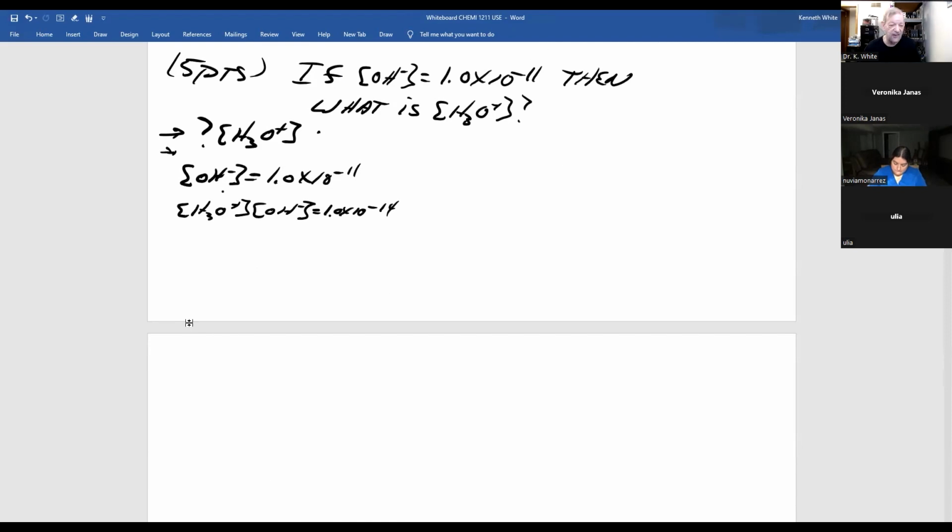And therefore, I'm going to start with that. And I did. Now I'm going to give you a chance to figure out how to solve, not putting in the numbers yet, how to solve for H3O plus, meaning getting that alone on one side.